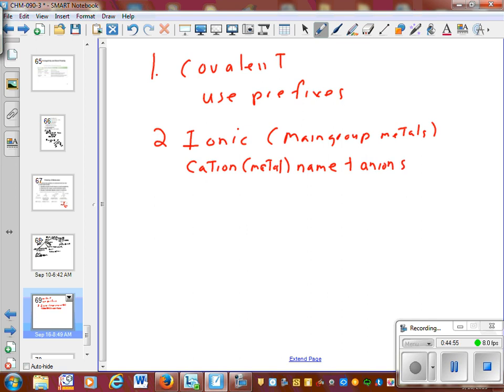We have ionic metals with multiple charges.